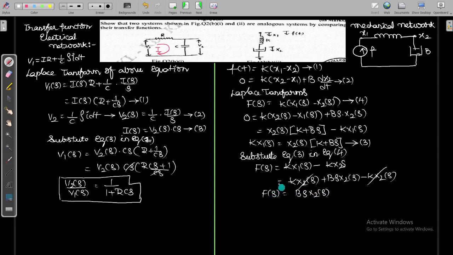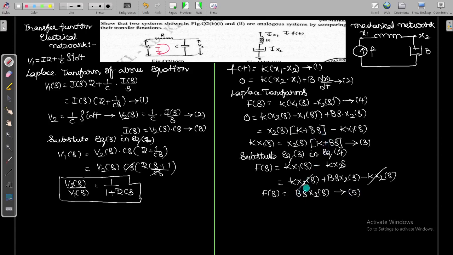Then what you have to do is substitute this equation once again. This is equation number 5, so substitute equation 5 in equation number 4.